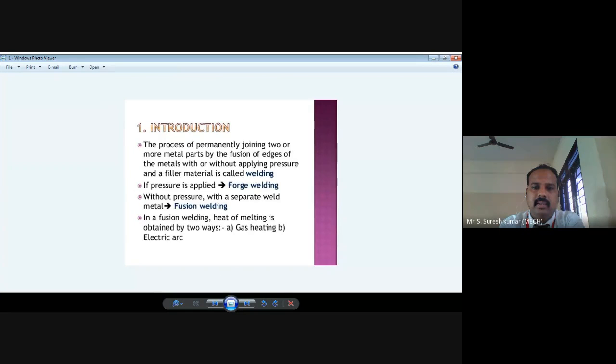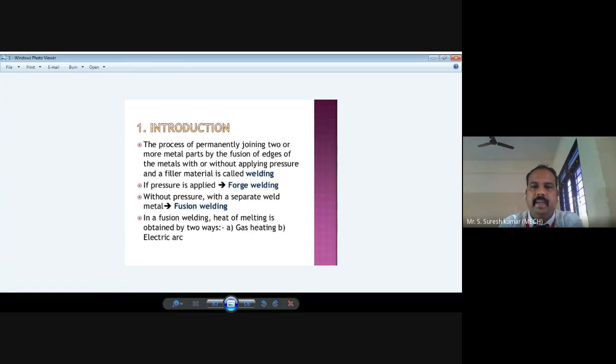Welding can be defined as a process of joining two similar or dissimilar metals by heating to a suitable temperature with or without the application of pressure. Welded joints so formed are permanent joints and they cannot be separated without causing a fracture.